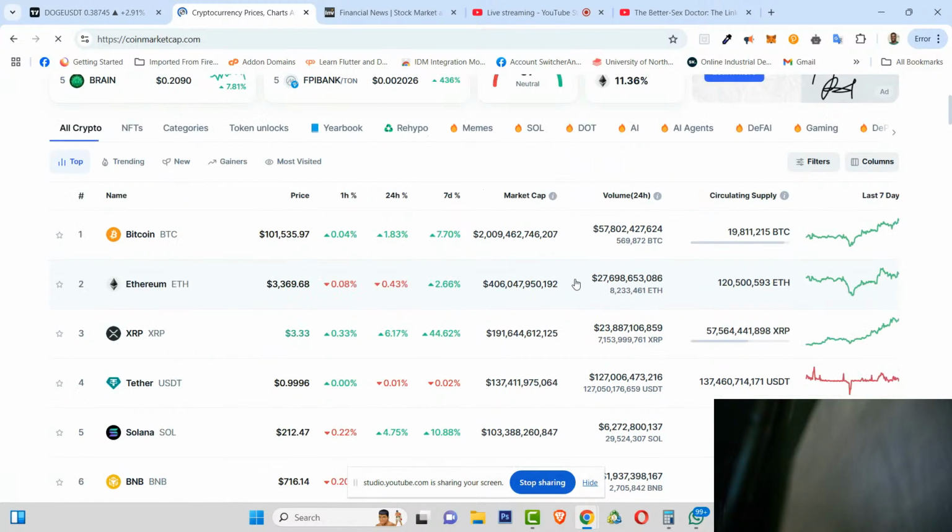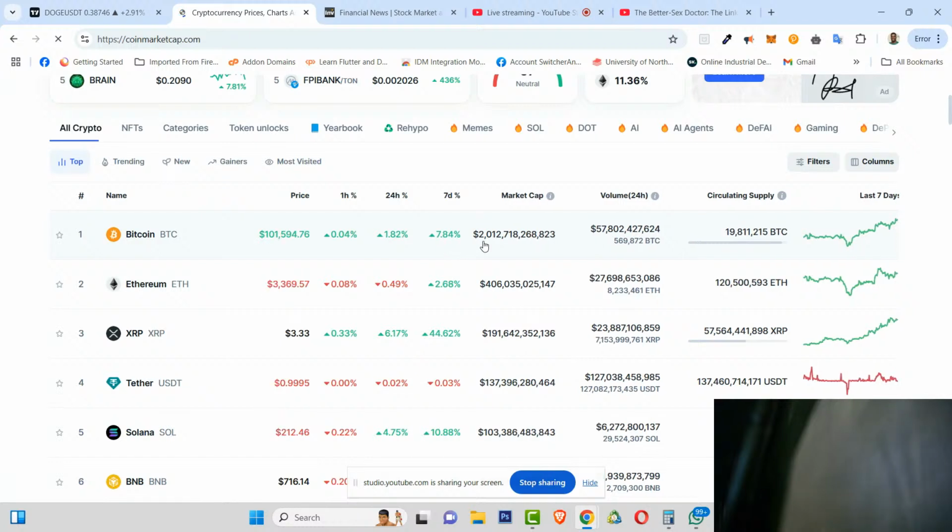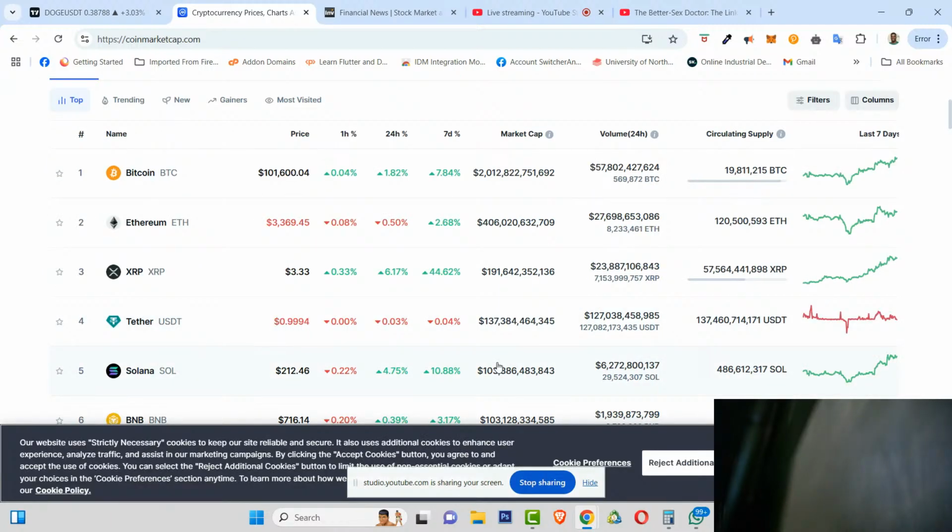This is huge. Bitcoin has the highest market capitalization of 2 trillion, followed by Ethereum, which is 406 billion. So I think that Doge still has a very big room for growth.